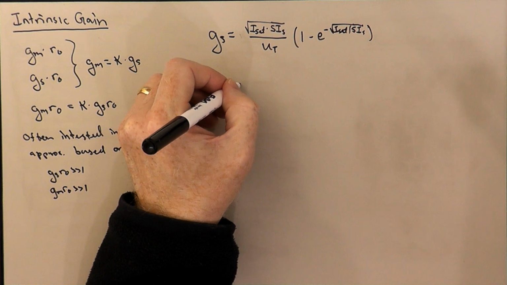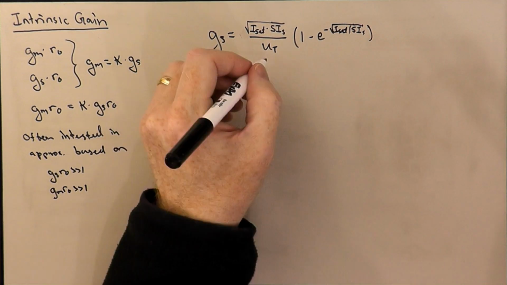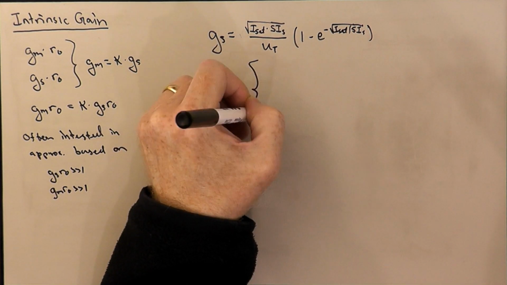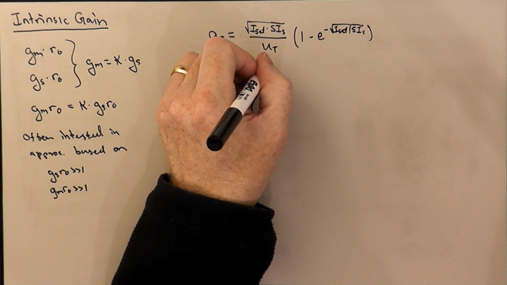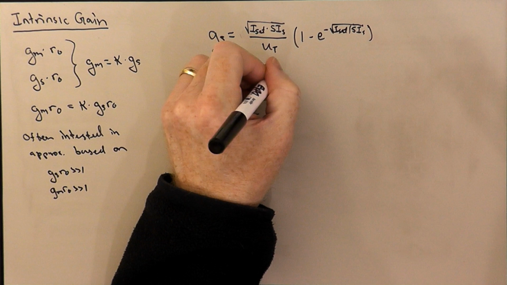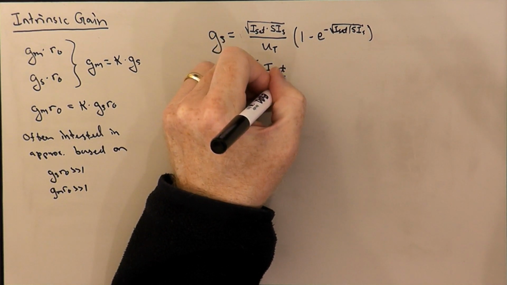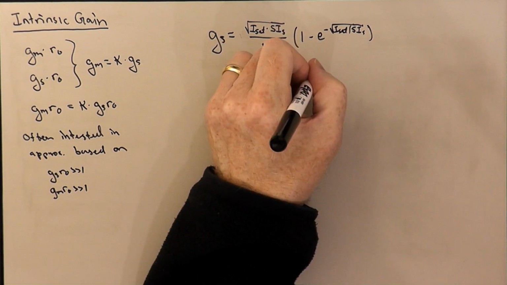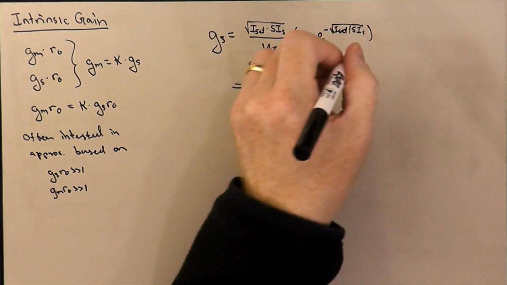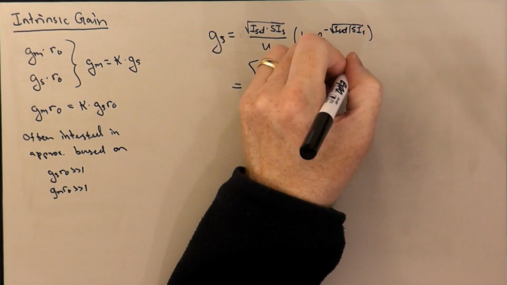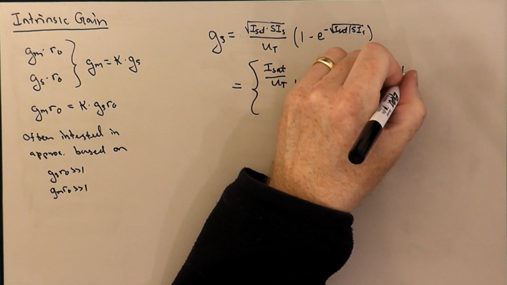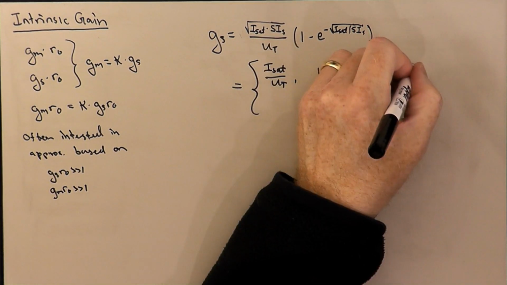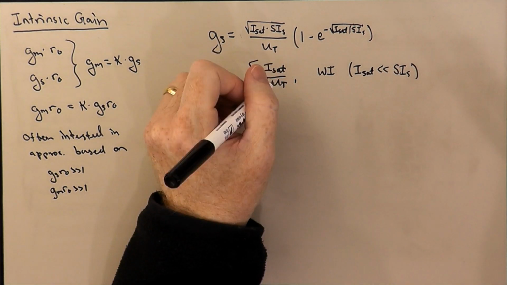And in the weak and strong inversion limits, this boils down to I sat over UT for weak inversion, which means that basically I sat is much less than IS, like an order of magnitude less, let's say.